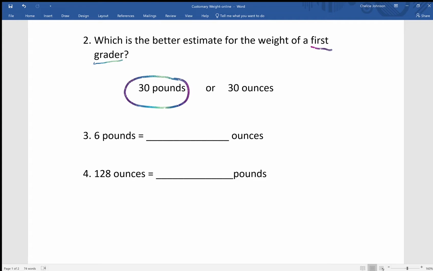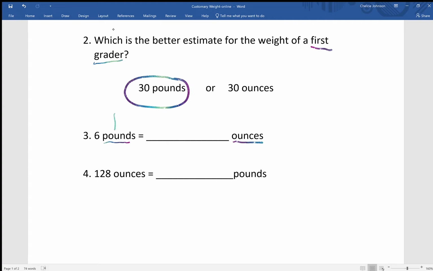Okay, now we're going to go here to number 3 and do single conversions. So we have 6 pounds, 2 ounces. Now you guys know the drill. The first thing you look at is the units of measurement, pounds and ounces. So which one's greater? Yep, your pounds.